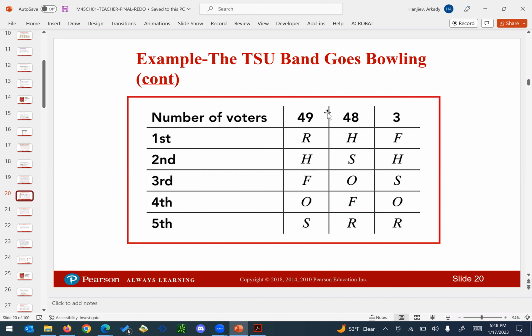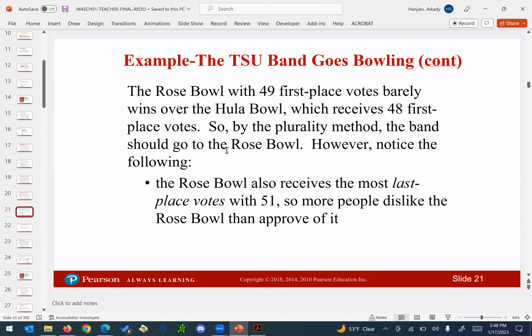Rose Bowl is the winner by 1, right? Yes, the Rose Bowl with 49 first place votes using the plurality vote system is going to win. The Hula Bowl came in second. So by the plurality vote, absolutely, the band is going to the Rose Bowl.